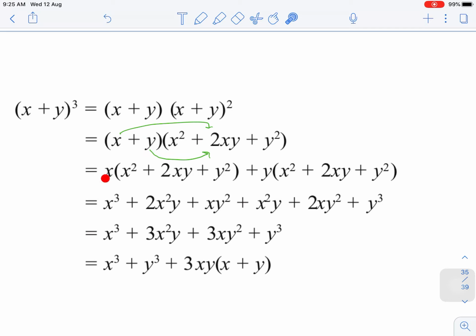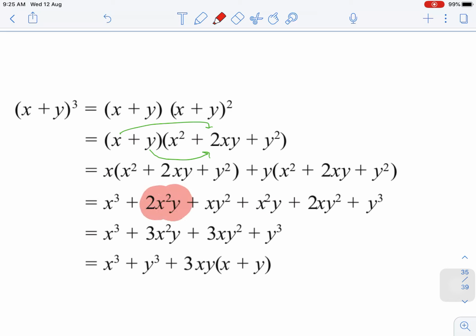Now this x will multiply to each and every term present inside the bracket. So what we are getting: x cube plus 2x square y plus x into y square, xy square. Similarly, y into x square, y into 2xy, 2xy square, y into y square, y cube. Now we have to check whether any like terms are there or not. So yes, x square y and x square y.